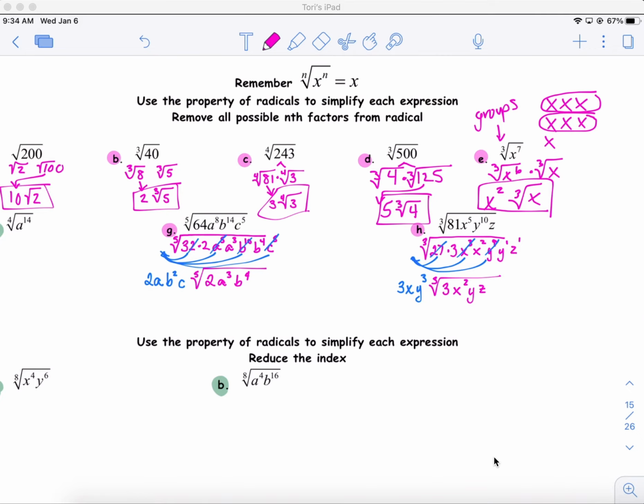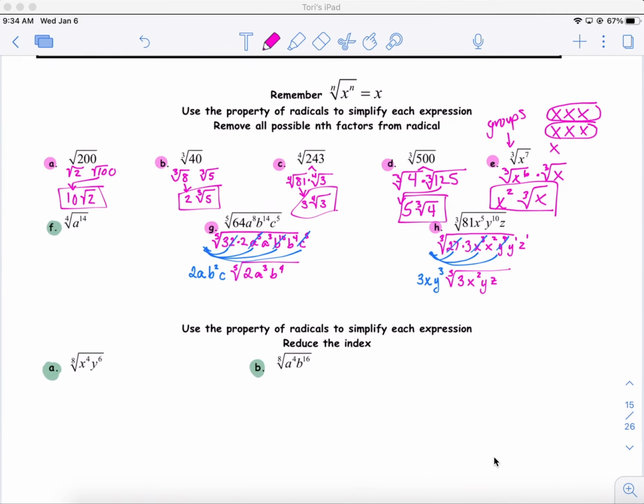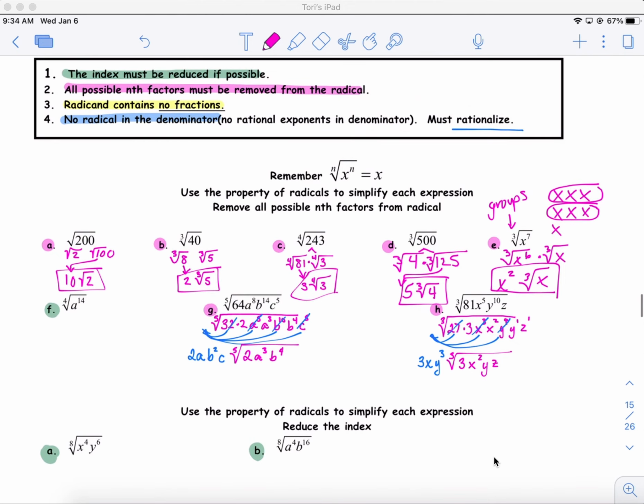Okay? All right, that's all about looking for the nth factor pulled out of the radical. The next thing we're going to talk about is that the index should always be reduced if you can. So if you end up looking at it like a fractional exponent, a rational exponent, if you can simplify that power by thinking about, remember the exponent is your numerator, the radical index is your denominator, then you should always try to simplify that.